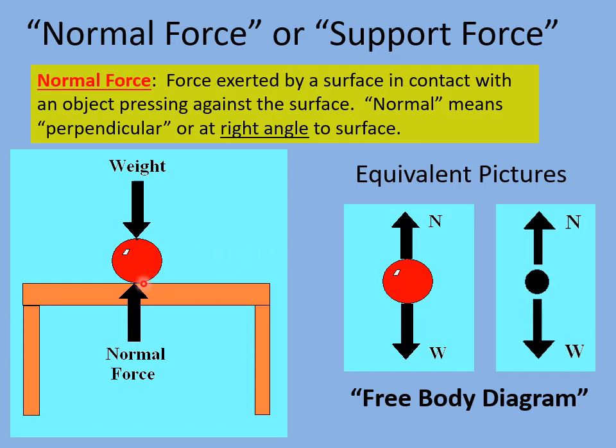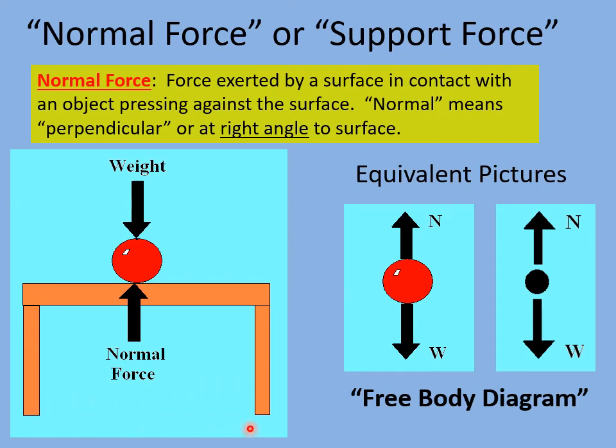Now, one thing we're going to do here, and this is an important step forward for us in this course, is to take a situation like this, a physical situation where we have an apple resting on a table, and we are going to represent the forces with arrows in something that is called a free body diagram. So what we do in a free body diagram is we only show the apple. The table has been replaced by the effect of the table, which is the normal force pushing up on the apple.